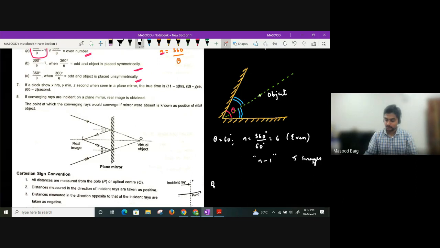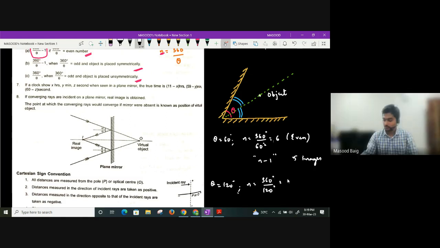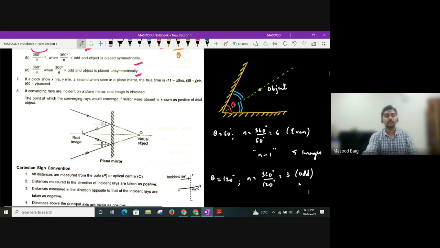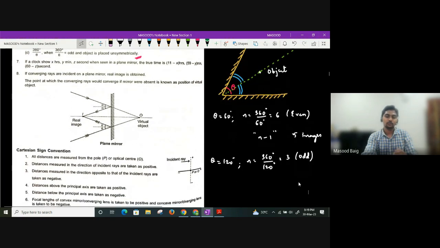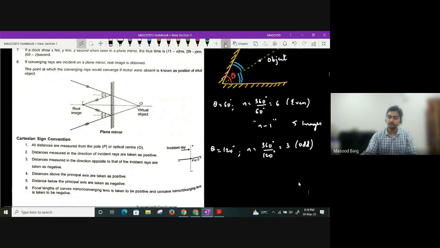Now I have taken theta value as 120 degrees. What is n value? 3. Because it is 3, is it even or odd? Odd. Whenever it is odd, you need to check whether it is placed symmetrically or unsymmetrically. Symmetrically means it should be along the angle bisector.